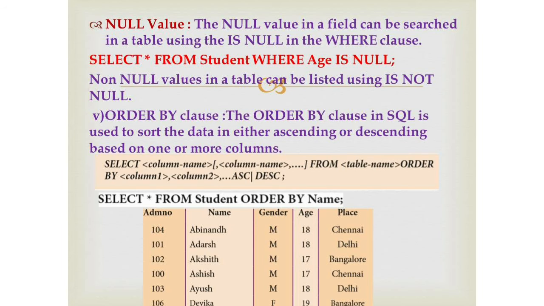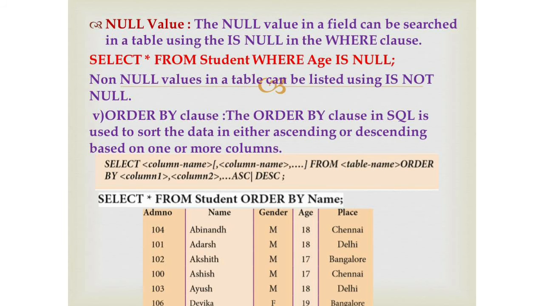Okay, the next keyword is the ORDER BY clause. The ORDER BY clause in SQL is used to sort the data in either ascending or descending order based on one or more columns. By default, ORDER BY sorts the data in ascending order. If you do not mention descending order, by default it will arrange in ascending order only. We can use the keyword DESC to sort the data in descending order, and the keyword ASC to sort the data in ascending order.